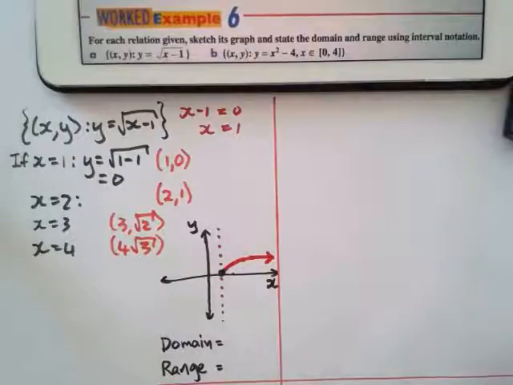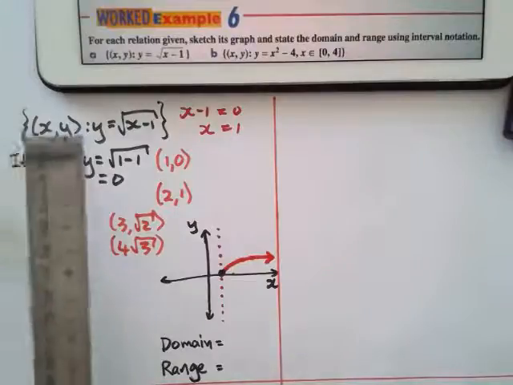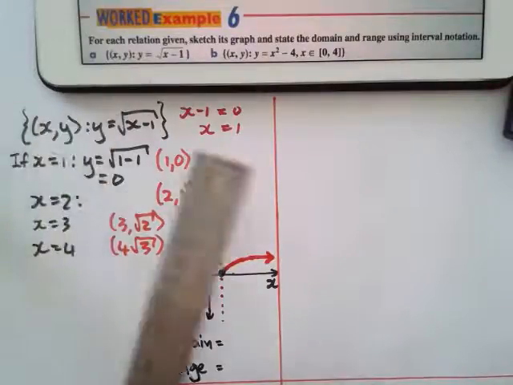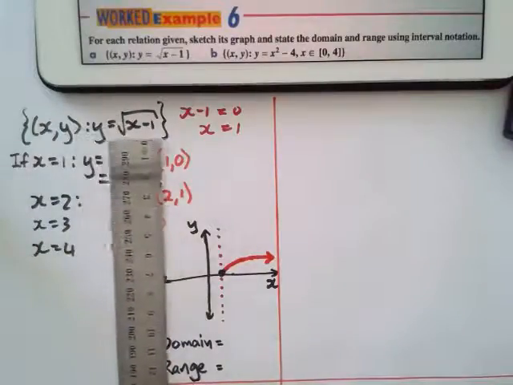Okay, what is the domain? Remember we said that the domain is where I find my x values, because the range is the curly y tail, so domain is my x values. Where do I find x values? I'm going to work this way around. Is there any value before?